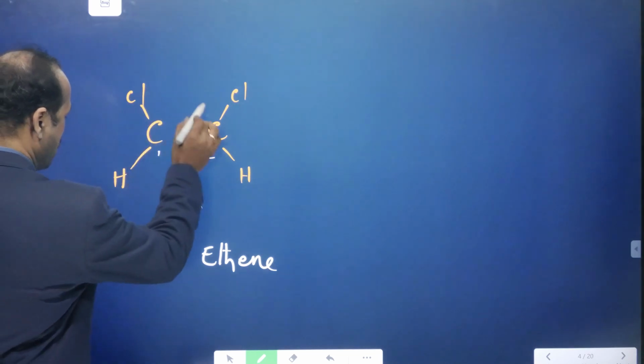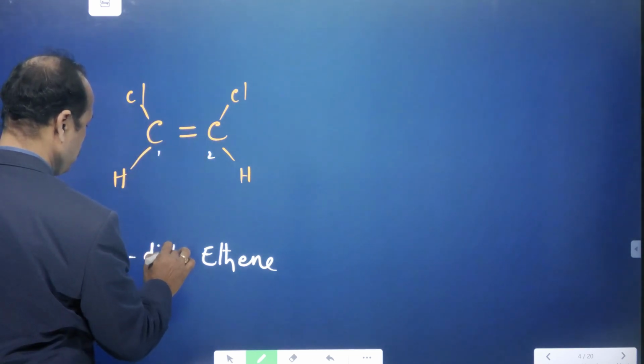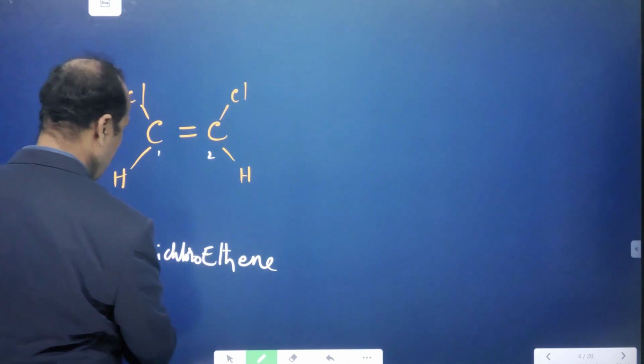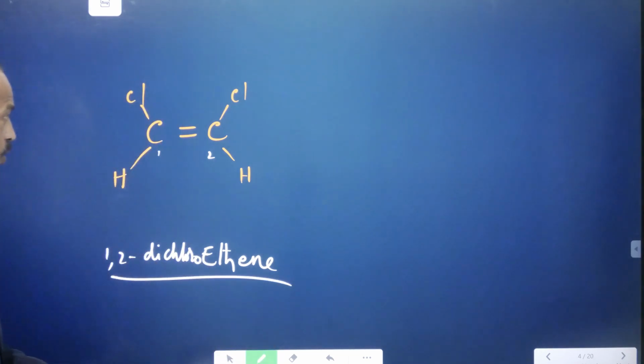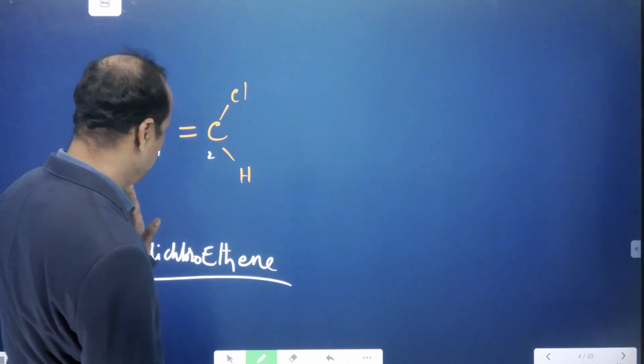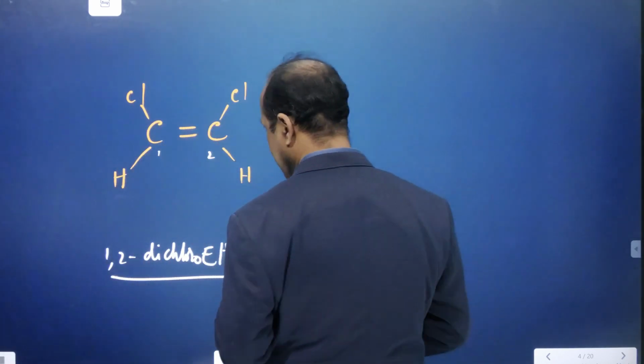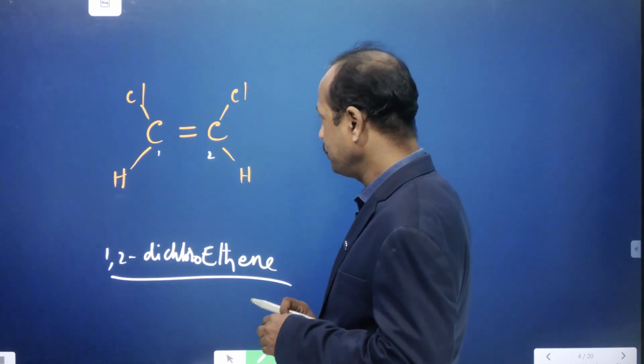Total how many chlorines? Two chlorines. So this is called 1,2-dichloroethene, right?